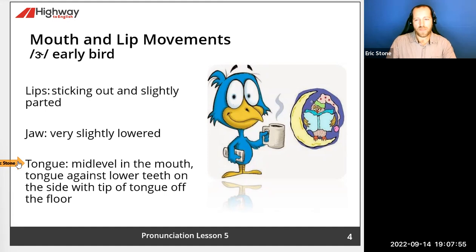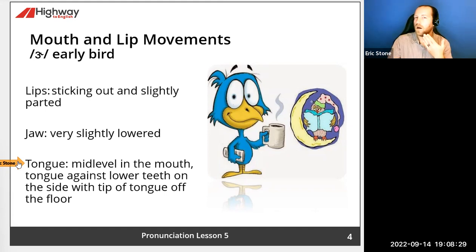So what this means is that your tongue needs to be sort of in the middle of the mouth, and you need to feel the tongue touching the teeth. So it should be touching on the side, okay? The tongue and the teeth here, okay? Now in the front, the tip of the tongue touches nothing, okay? You only want to touch on the sides here, okay?